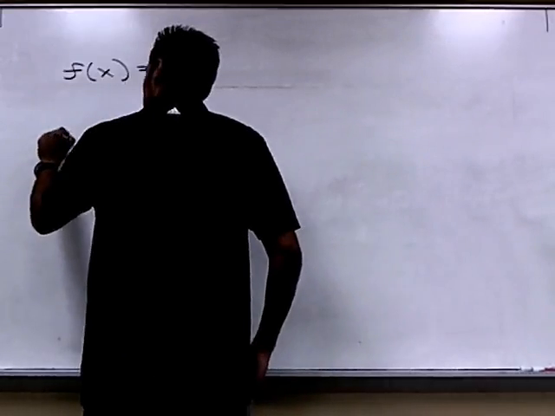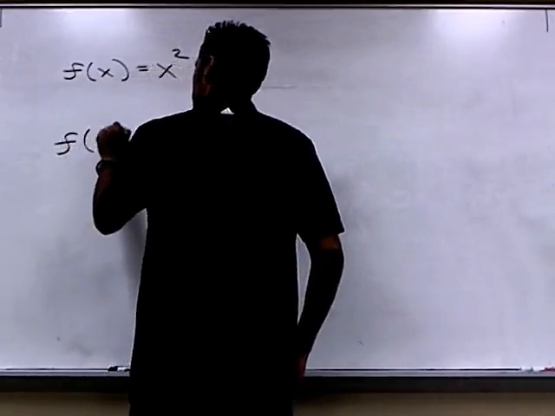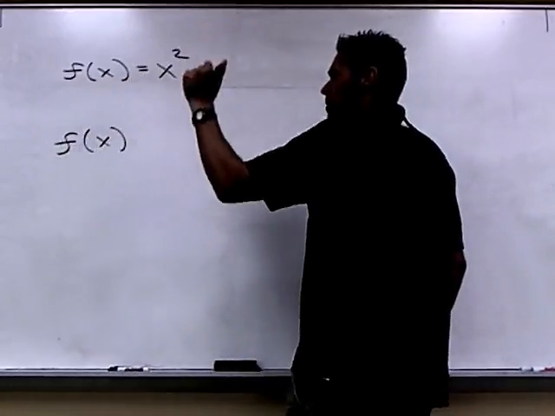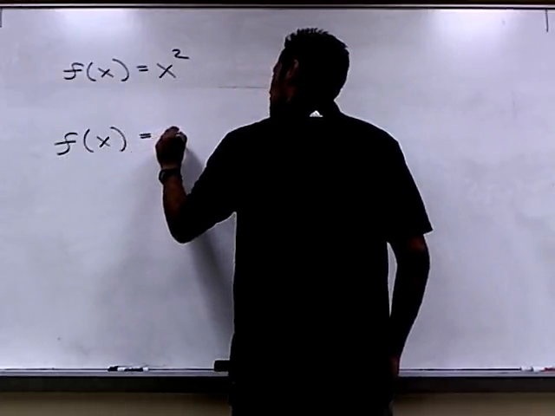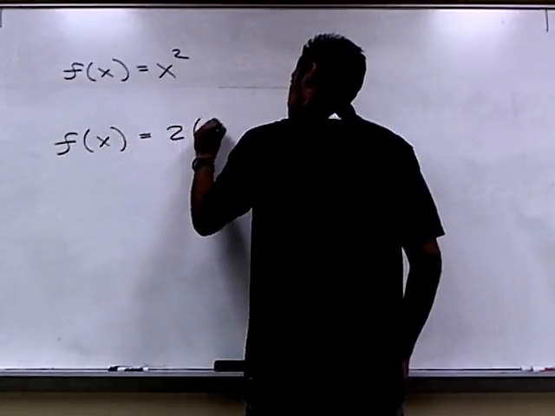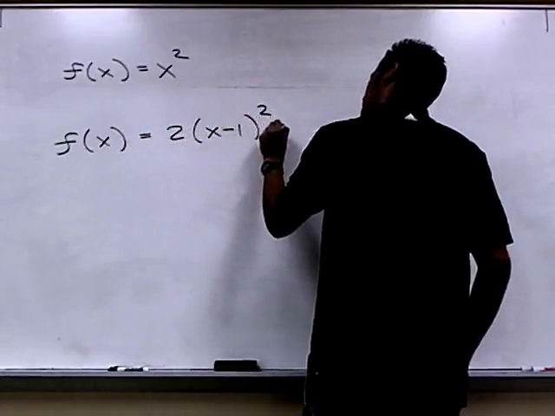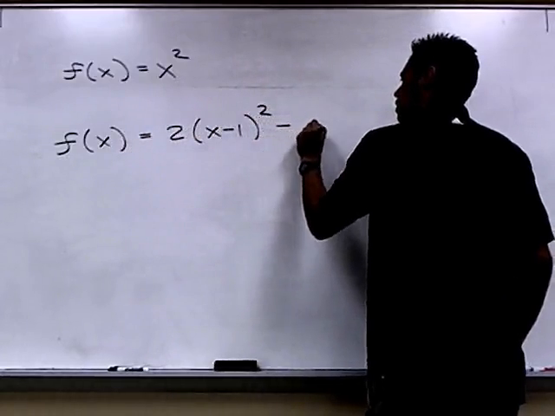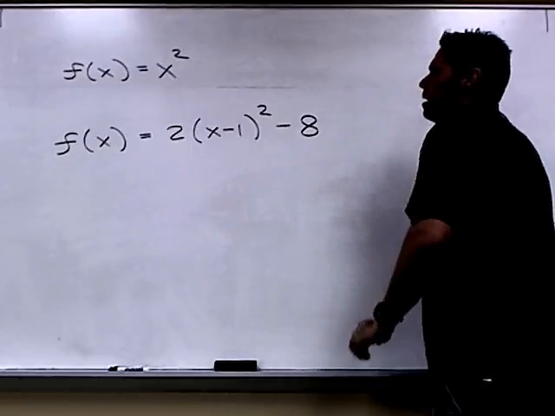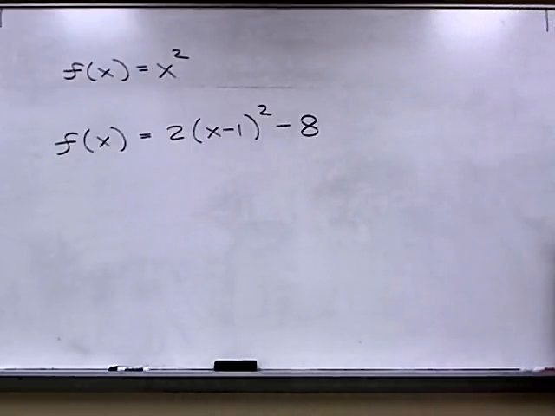So I want you to look at this function here. All right? That was just to get you thinking about what we've done before. If I said to take this and graph that, you should be able to graph that. Do a quick little sketch.